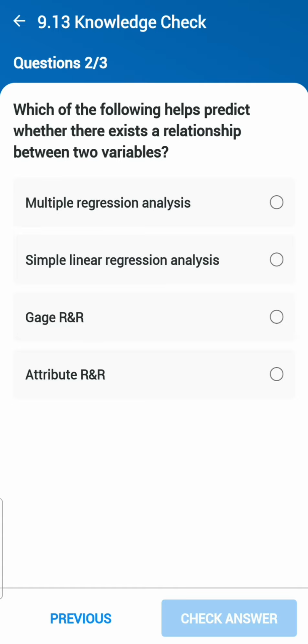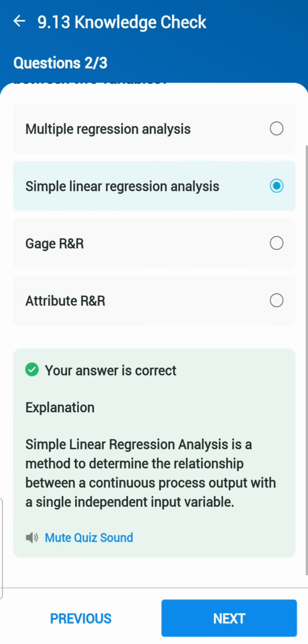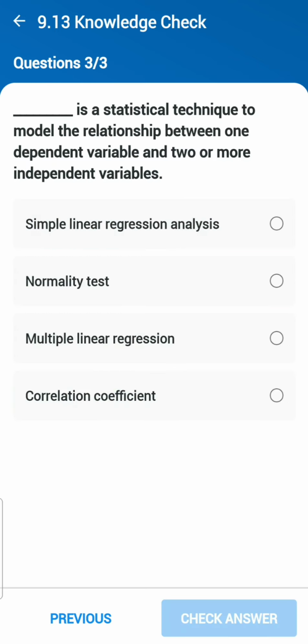And which of the following helps predict whether there exists a relation between two variables? You can use simple linear regression, because we are talking about two variables. And the statistical technique to model the relationship between one dependent variable and two or more independent variables, then you can go for multiple linear regression.